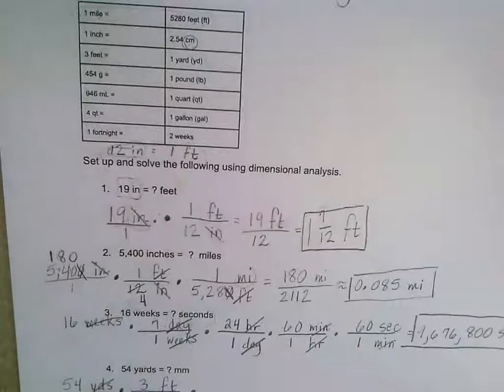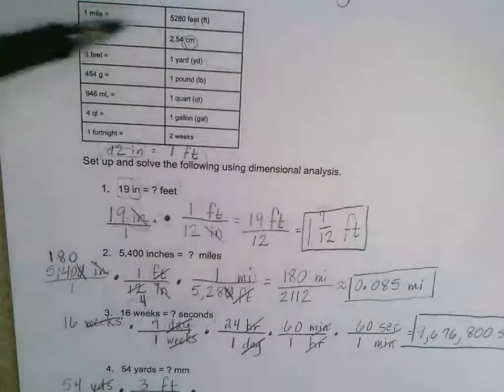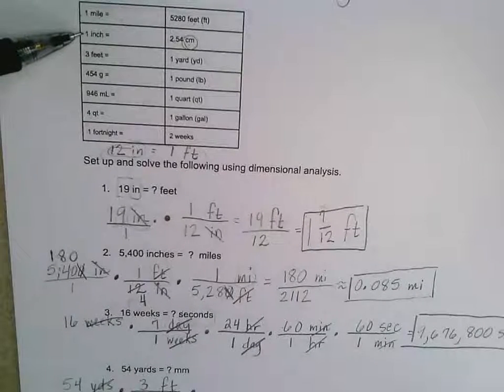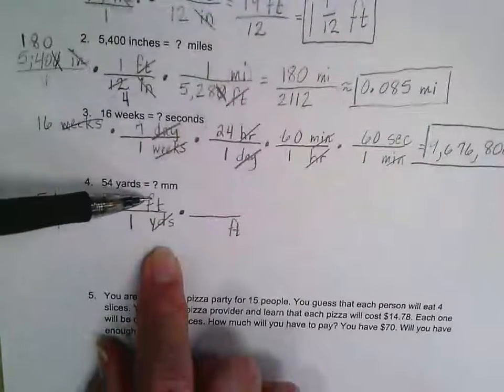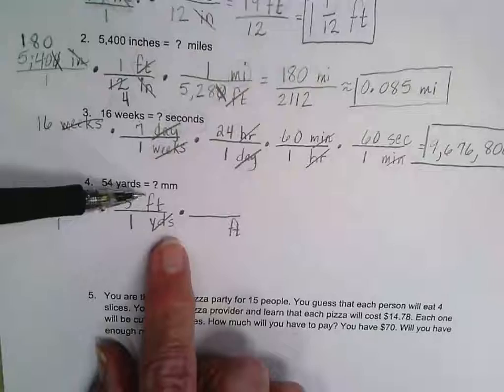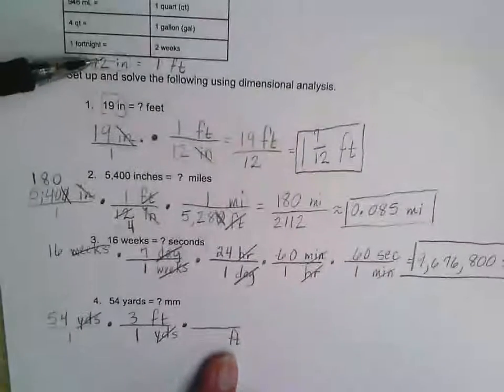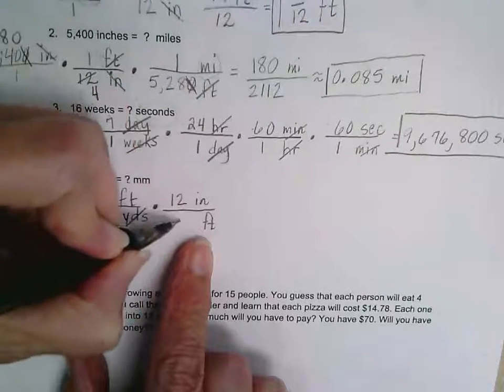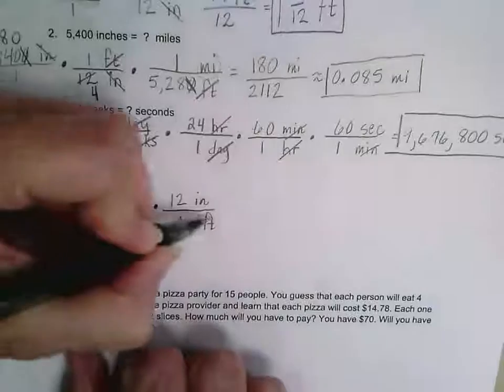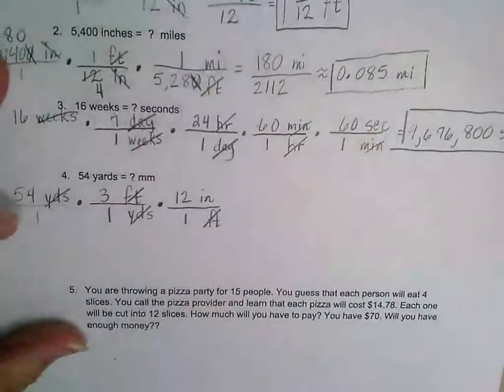So that might be one that I want to use a little later. And notice that is associated with inches. Well, I'm not at inches yet, I'm at feet. But I do have 12 inches equals 1 foot. So I'm going to put 12 inches here and 1 foot here and cross cancel my feet.